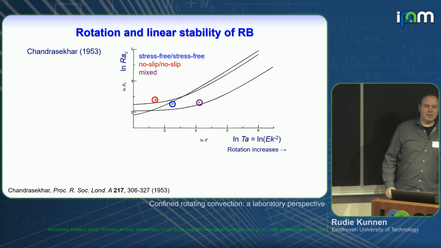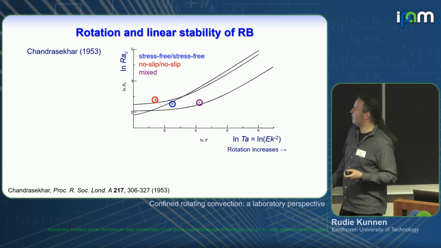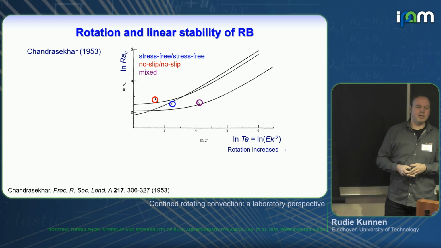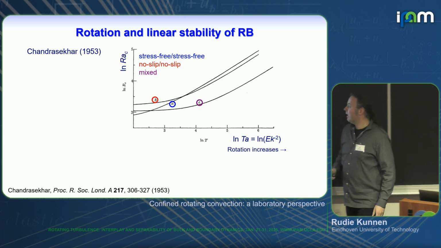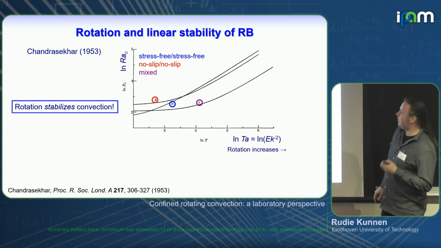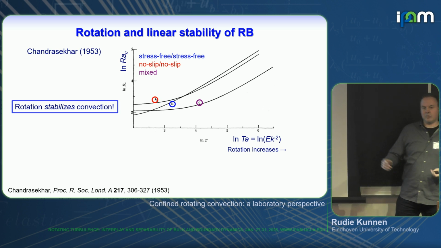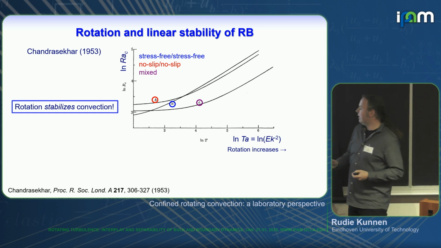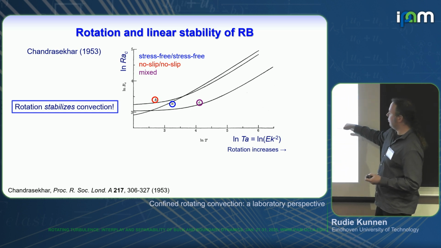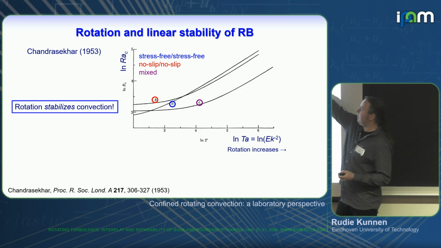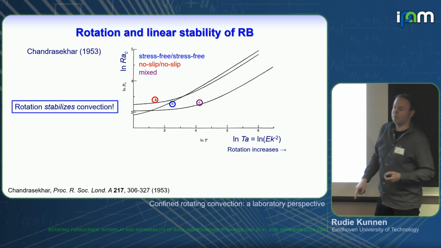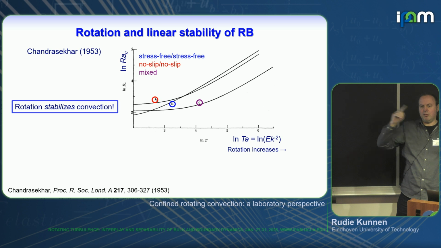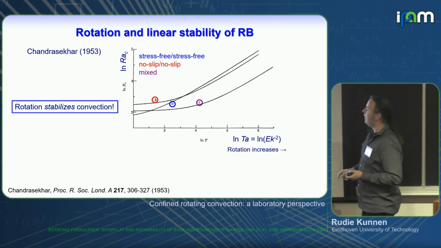So the history basically starts with a theoretical investigation by Chandrasekhar, who did the linear stability analysis. And he found that rotation actually stabilizes convection, right? This has also been alluded to by John already. If you add rotation, you move to the right in this graph, and you need to achieve a higher Rayleigh number, to apply a larger temperature difference, before convection even sets in.